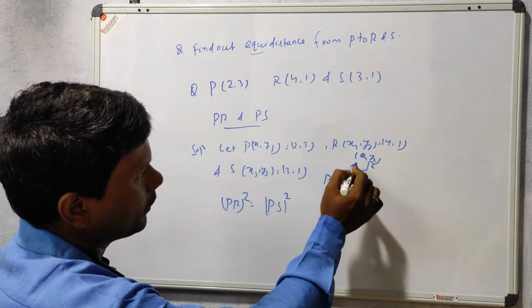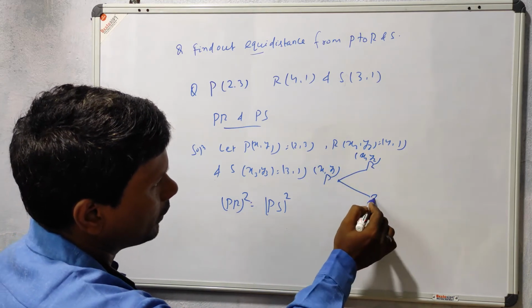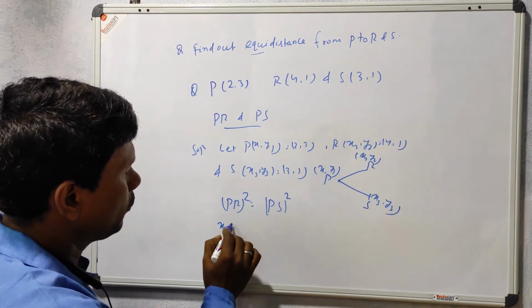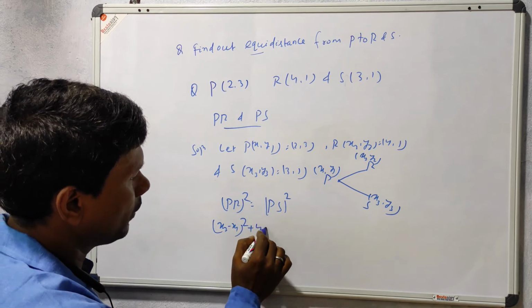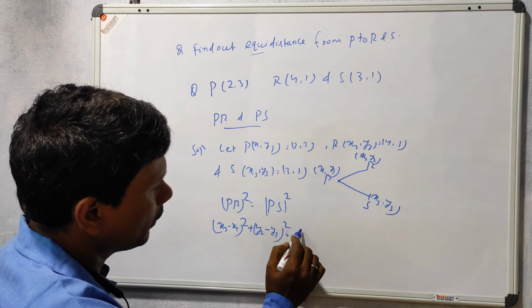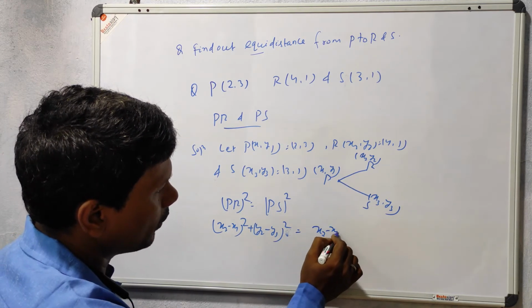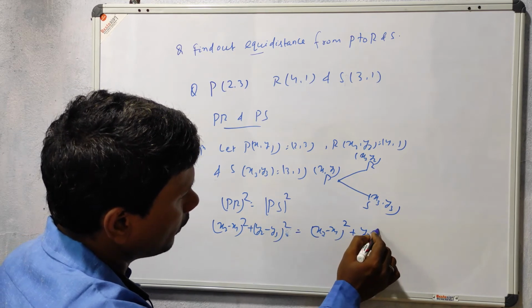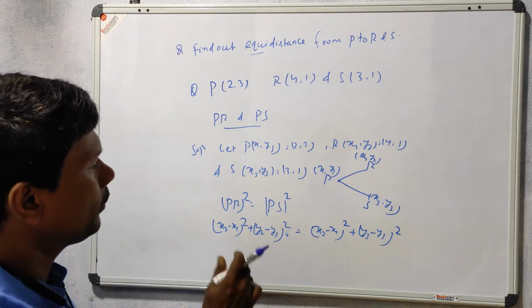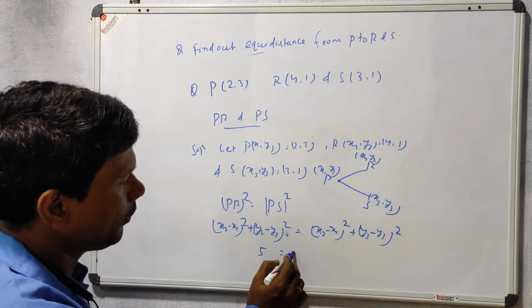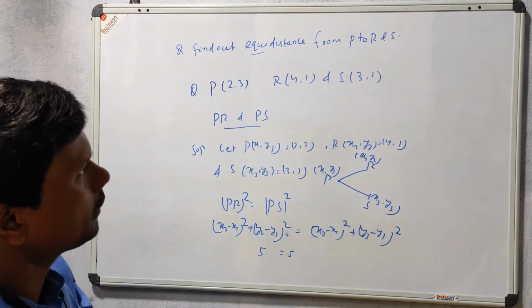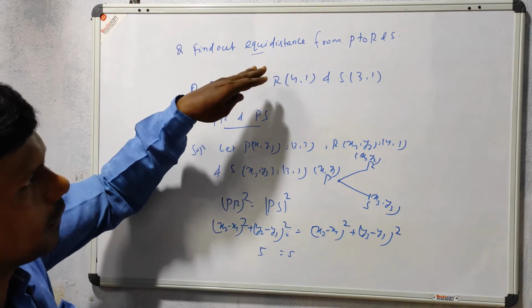That means (x2 minus x1) whole square plus (y2 minus y1) whole square is equal to (x3 minus x1) whole square plus (y3 minus y1) whole square. Put in the values and calculate. The length of PR will be 5 and PS will be 5. That proves the distance from P to R and from P to S is equal.